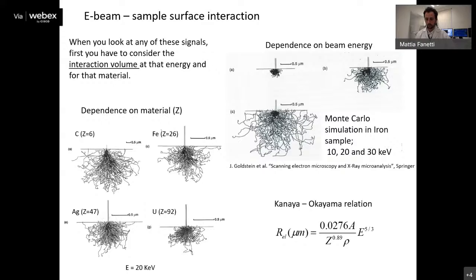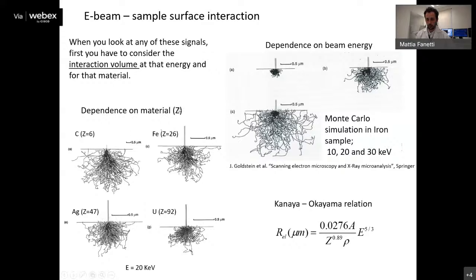Okay, the interaction volume is defined as the volume which includes, let's say, the 90% or 95%, depending on the books, of the trajectory of the electrons. Okay, and as I said, this interaction volume depends on the material and on the beam energy.